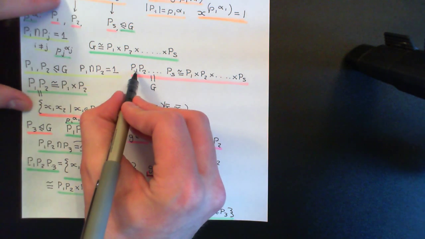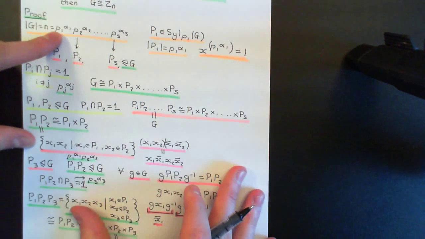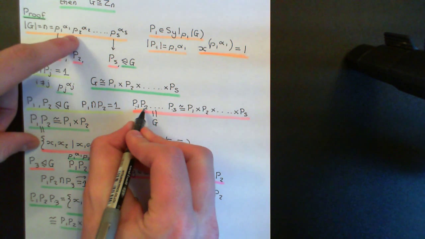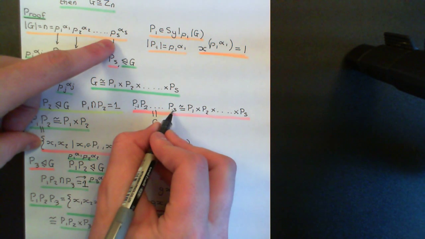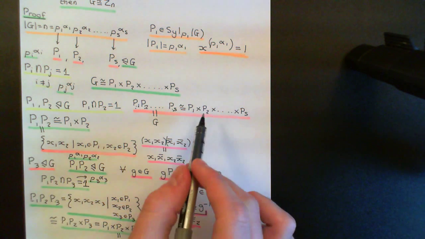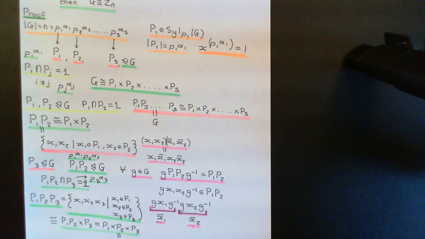This will give me p1 to the power of alpha 1, p2 to the power of alpha 2, all the way down to pS to the power of alpha S. So indeed, this internal direct product of all of these Sylow subgroups is going to give the entire group, and therefore the entire group is going to end up isomorphic to the external direct product of all of these Sylow subgroups, P1 with P2 all the way up to PS.